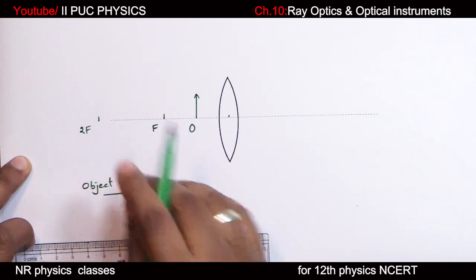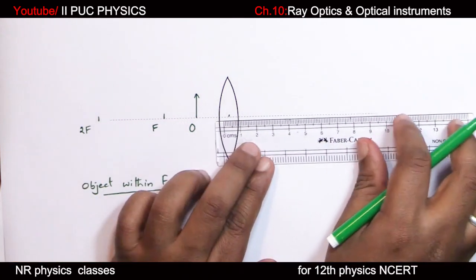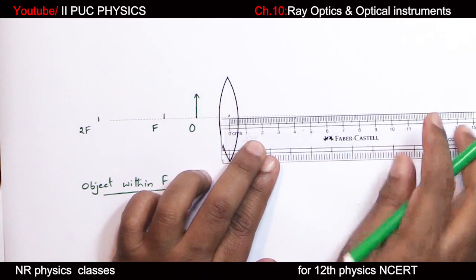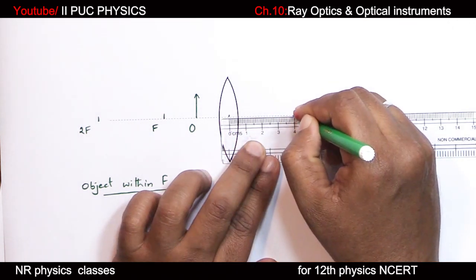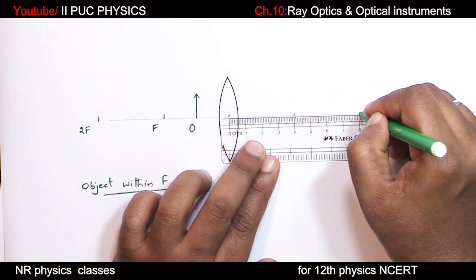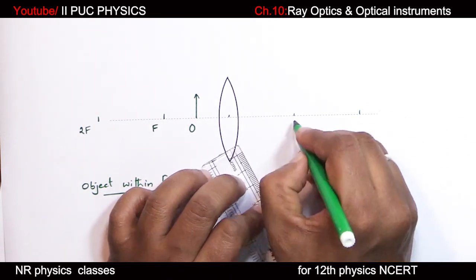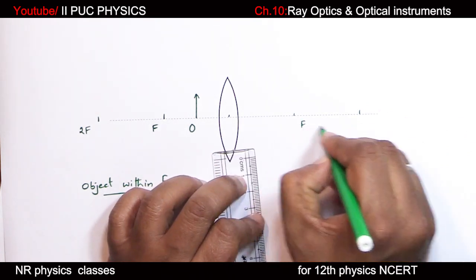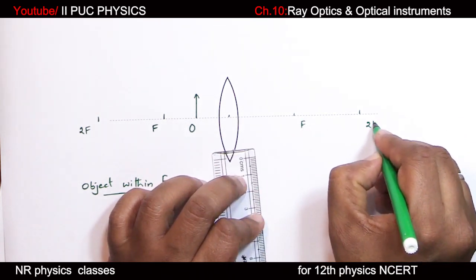If this is F and 2F, on the other side also F and 2F at a distance 4 centimeter, at a distance 8 centimeter. So this is F and this is 2F.